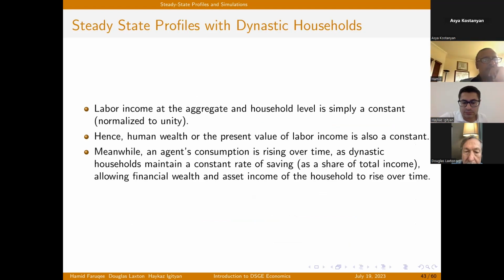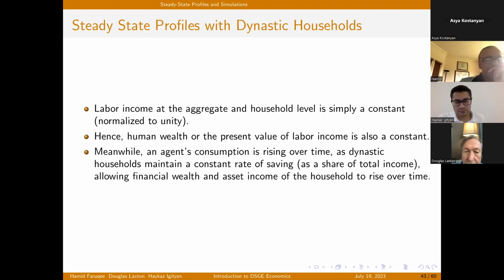So just to talk about the steady state of this model, we'll assume, as a simplifying assumption in the absence of productivity growth, that labor income is constant.